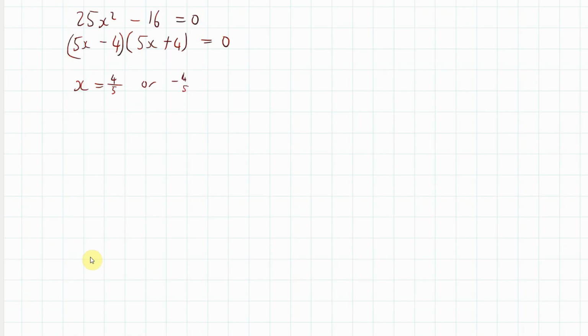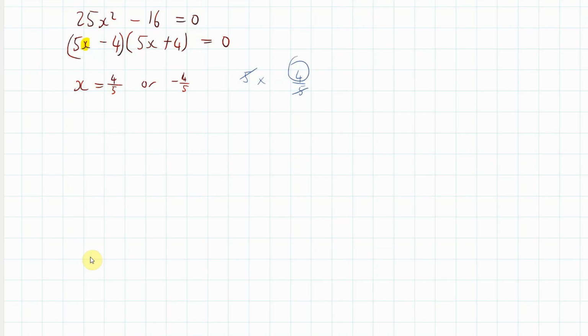Now again, if you're a bit confused about how we get that, what we've got to do to make this whole thing equal to 0 is either one of those brackets needs to equal 0. So what does x need to be to equal 0? Well, 5 times what is 4? And you can see that if I times 4 over 5 by 5, you're going to get cancel, cancel, and you'll be left with the 4 that you need. 4 take away 4 is 0.